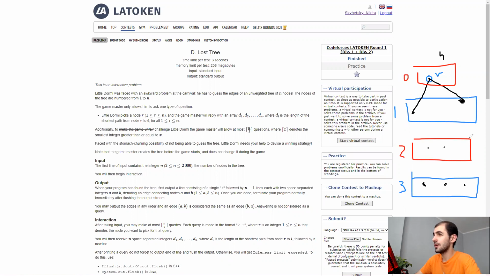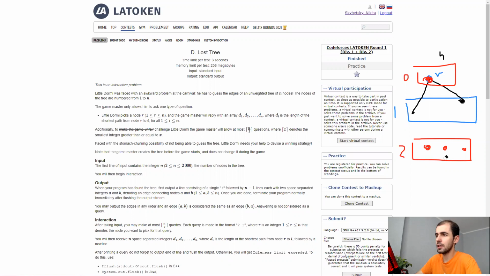And then I started thinking, I know that if I query all red vertices, then I will restore all edges, right? Because each edge goes from a red vertex to a blue vertex. But it may be the case that there are way too many red vertices for me to query them all. Let's say something like this: I have 4 red vertices and I'm only allowed to make 3 queries.